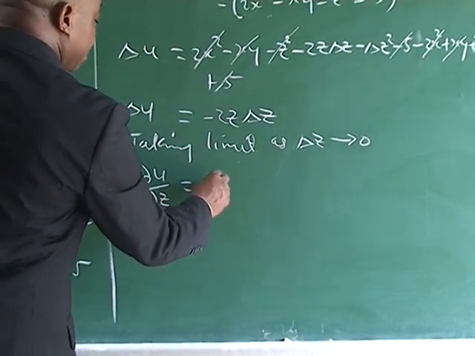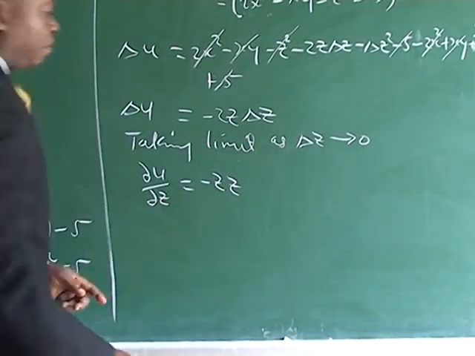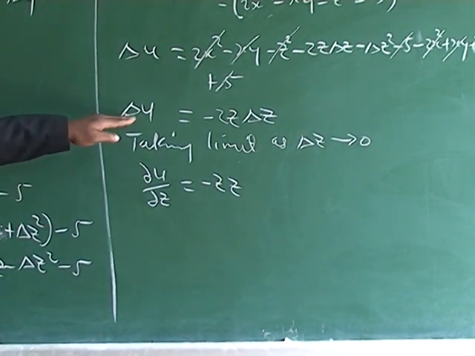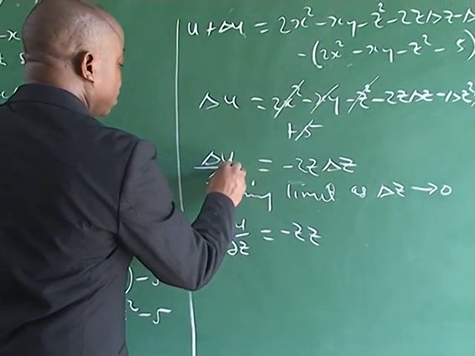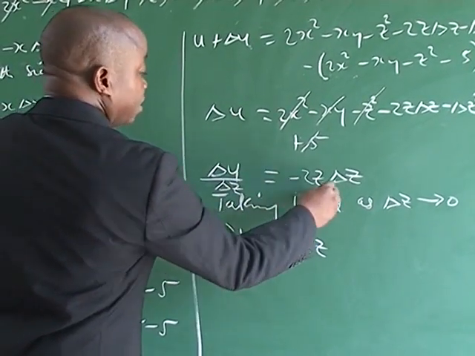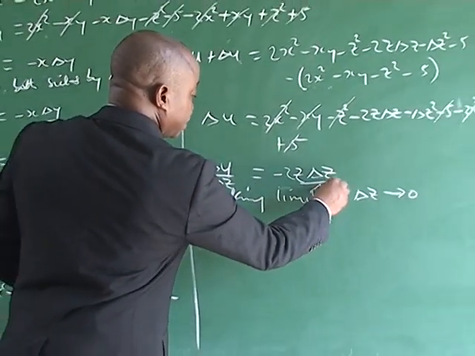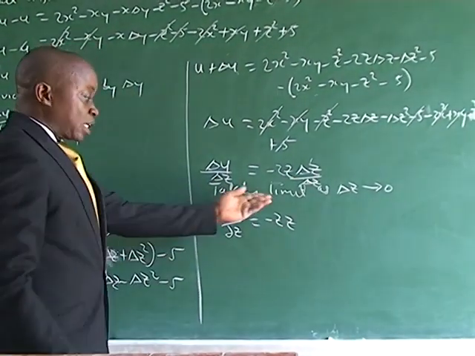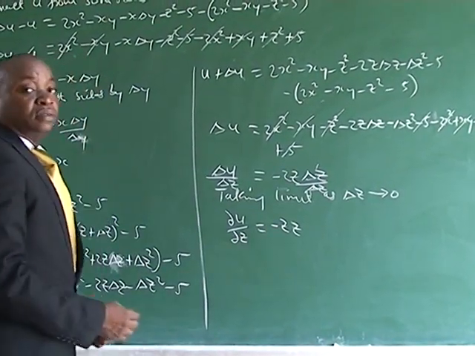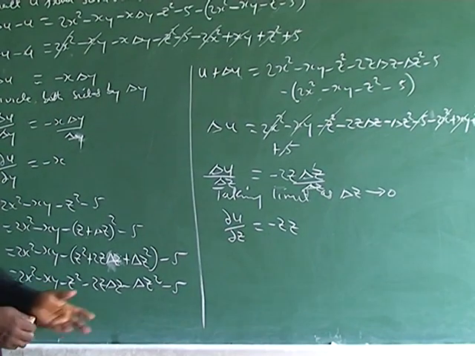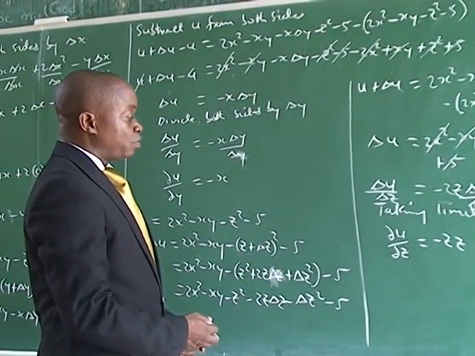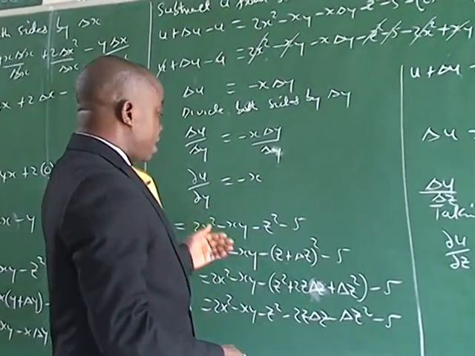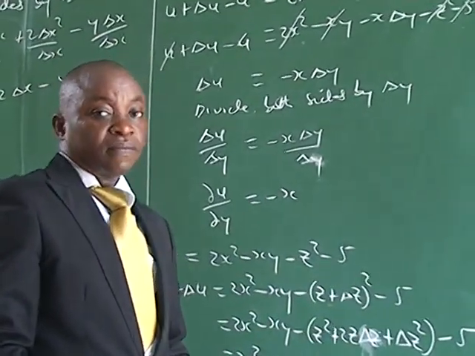So what remains there is minus 2z. Yes, because if you divide both sides by change in z, then this cancels this. Taking the limits, we have minus 2z. So that is the partial derivative of u with respect to x, y, and z.